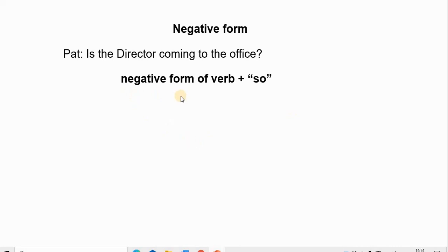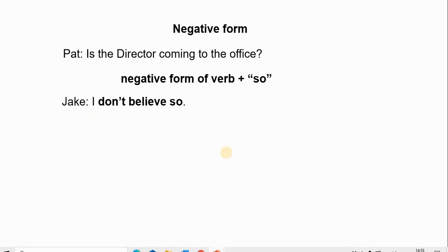So we have the negative form of the verb followed by so. Example. So Jake says, I don't believe so.